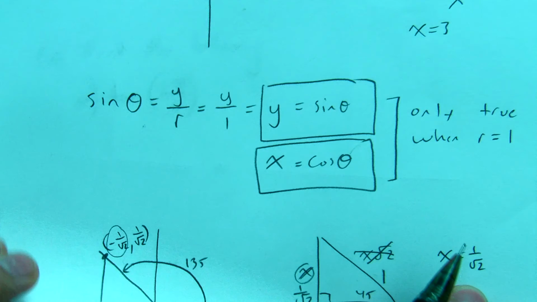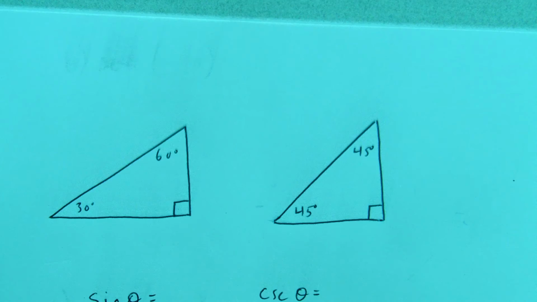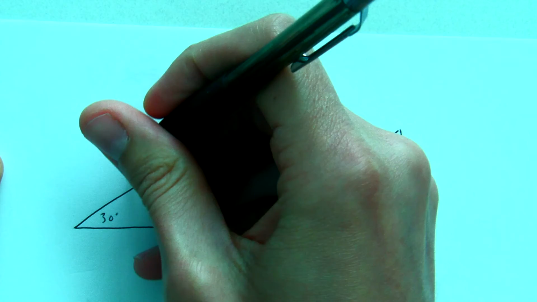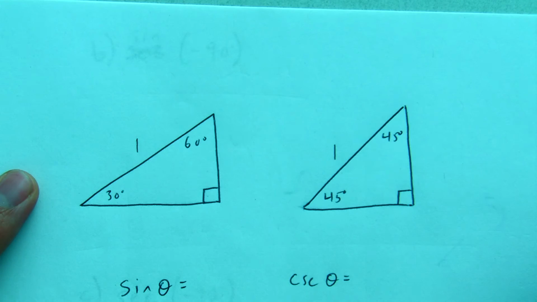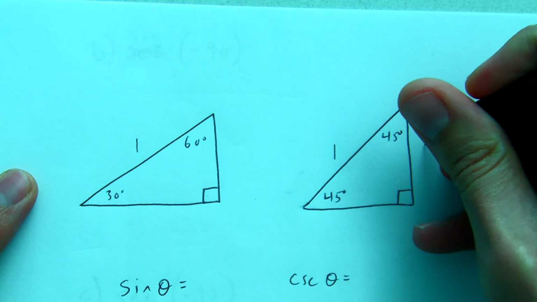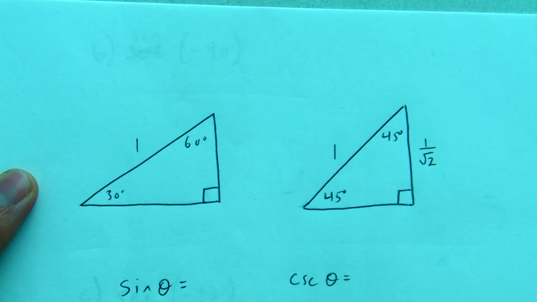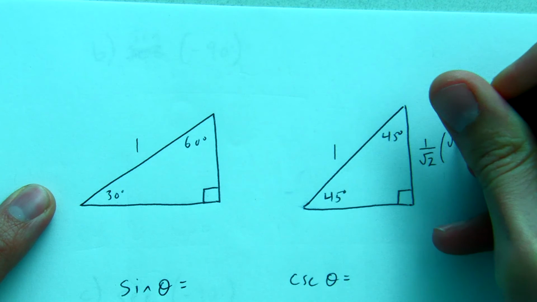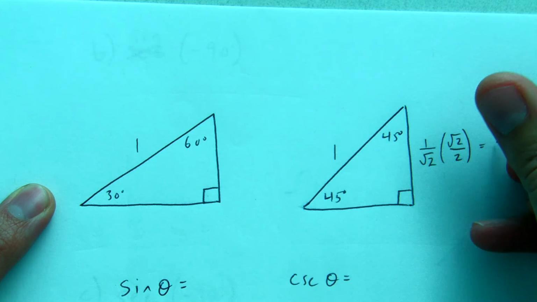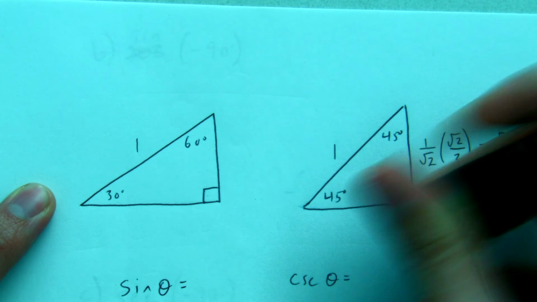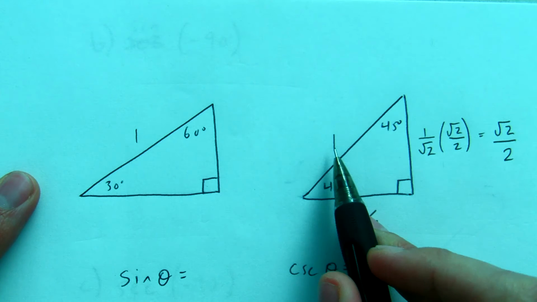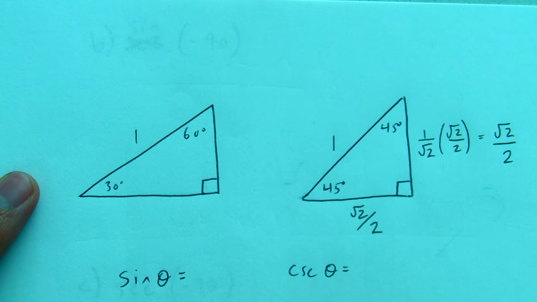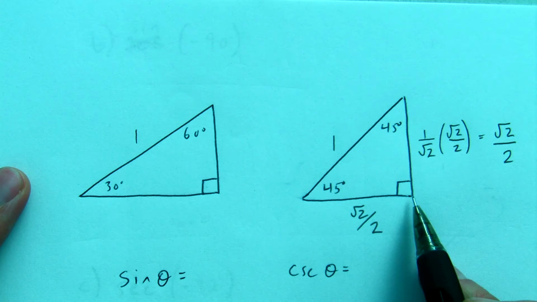So when we have our special right triangles with a hypotenuse of 1, for 45, 45, 90, as we just saw, each of the side lengths will be 1 over root 2, which when we rationalize, we get root 2 over 2 and root 2 over 2. So when the hypotenuse is 1 on a 45, 45, 90, each of the side lengths is root 2 over 2.